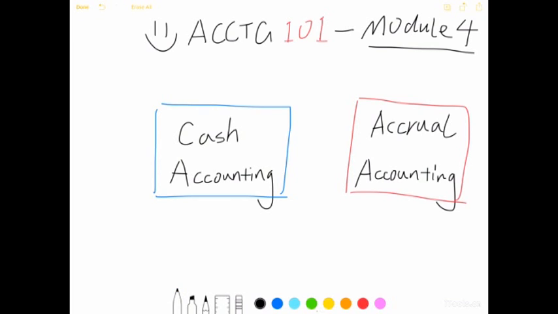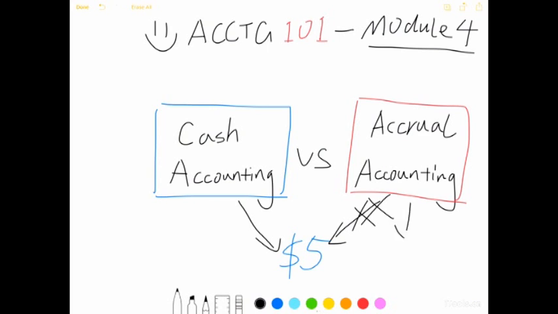So essentially, cash accounting is you record the money once you receive it, whether it belongs to you or not. So theoretically, if you pick up $5 on the street today, you can record it using cash accounting. Cash accounting is only used for cash flow statement. Why? Well, because this is not accurate for income statement.